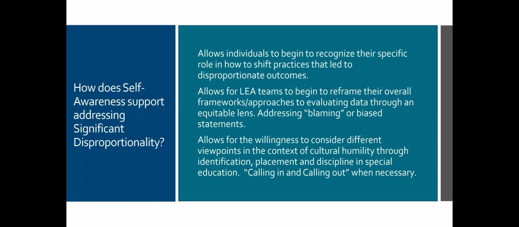It also allows for LEA teams to begin to reframe their overall frameworks or approaches to evaluating data through an equitable lens. So often, and we'll talk about this in a subsequent webinar around data practices, so often when we look at data, there's a natural inclination to blame or to find fault with the group of students or with the families, and it leads to bias statements, hence what we shared in the continuum.